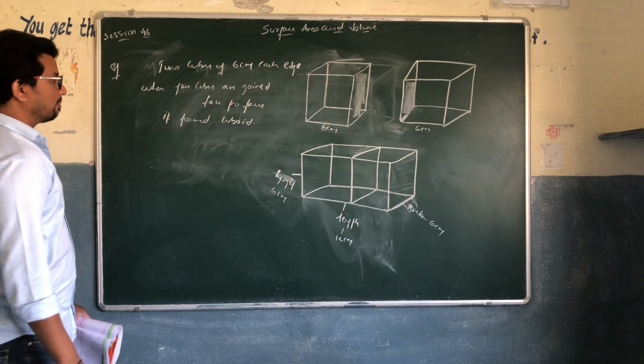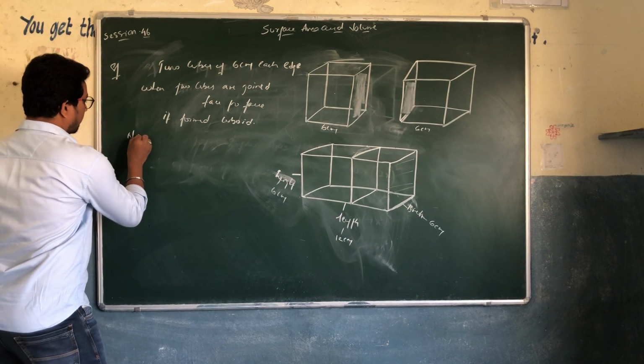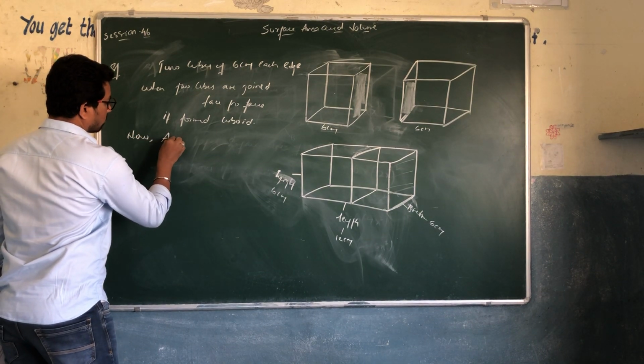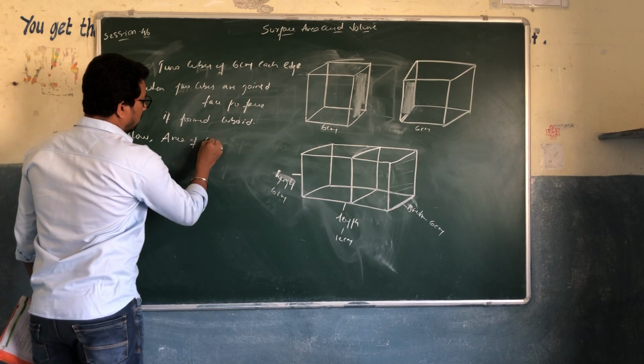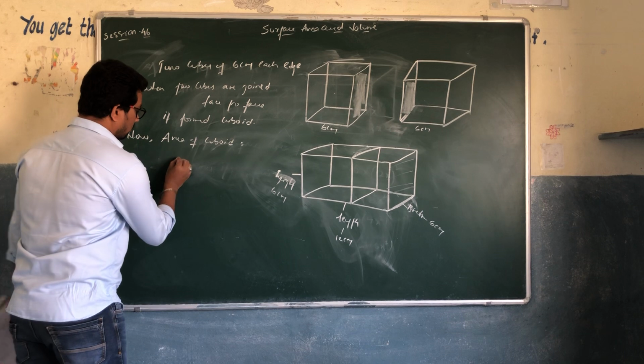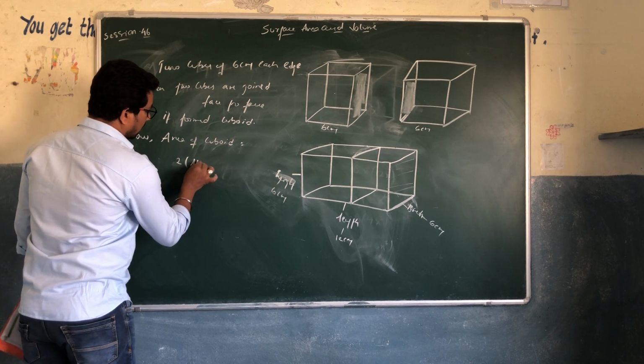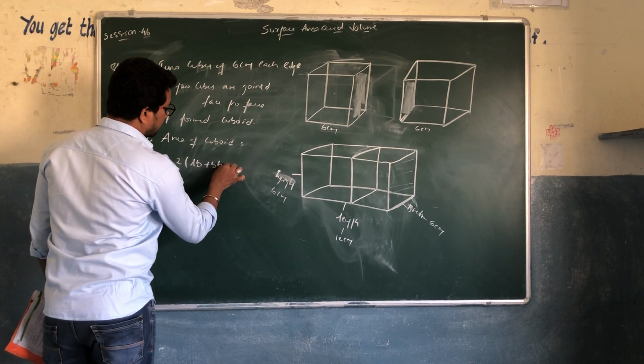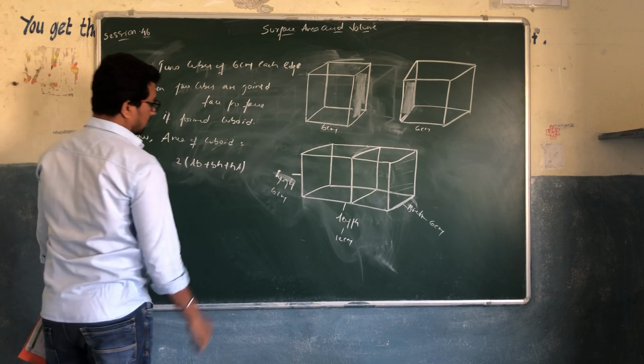Now the area of cuboid is equal to the formula: 2 into (LB plus BH plus HL).